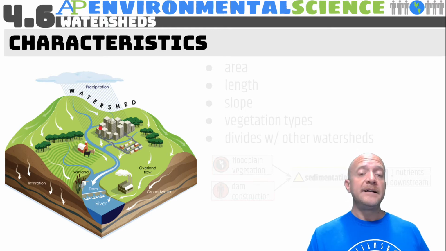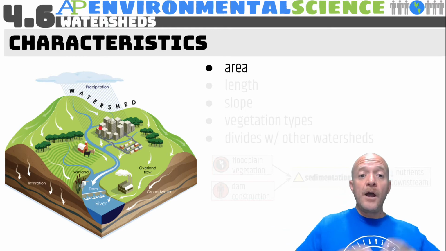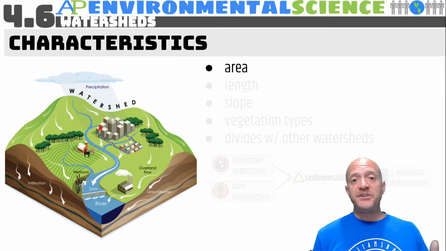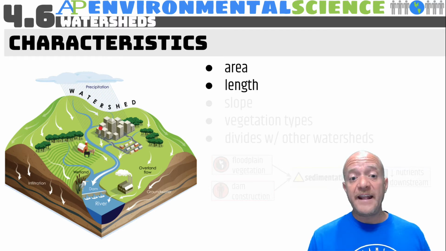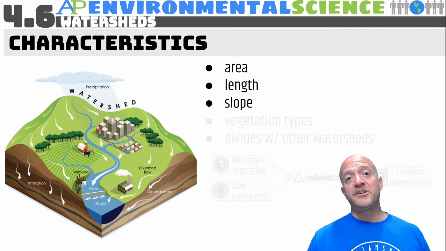larger river. Some characteristics. We have the area of the watershed. Larger watersheds will have more issues attached to them, especially when we're talking about pollutants. The length of the watershed, if it's a long river or short river. The slope of the watershed.